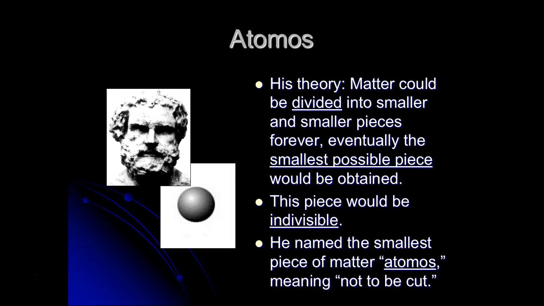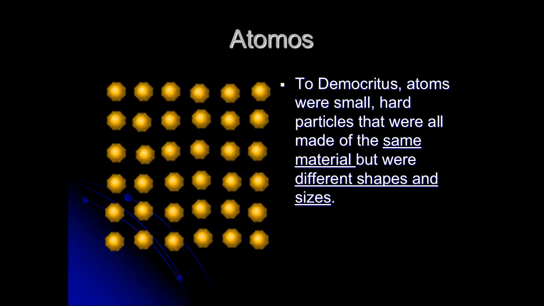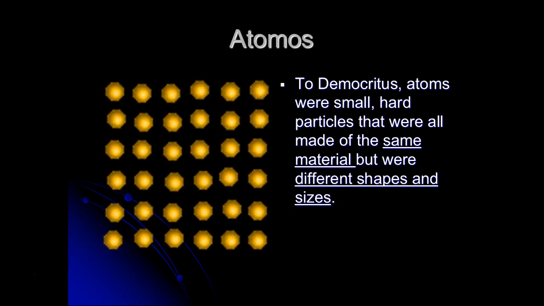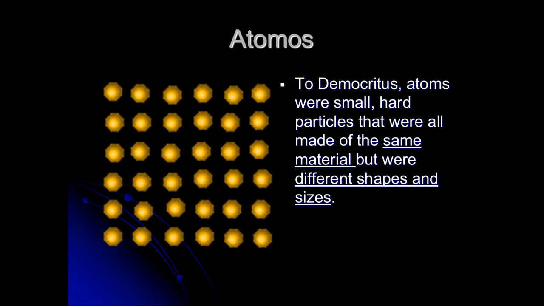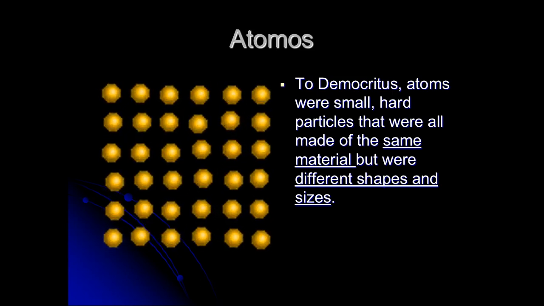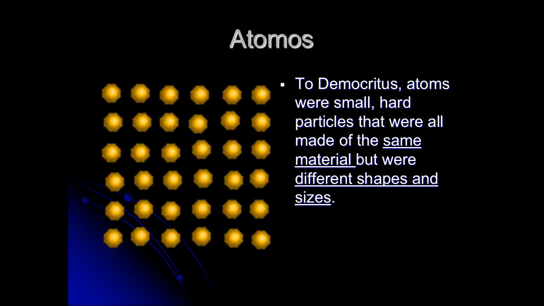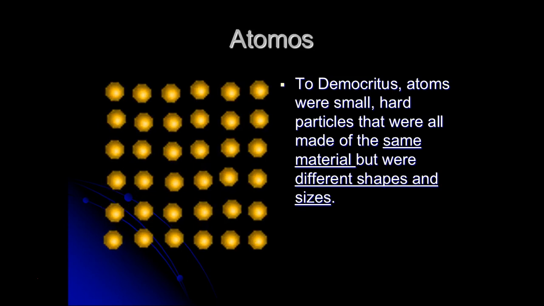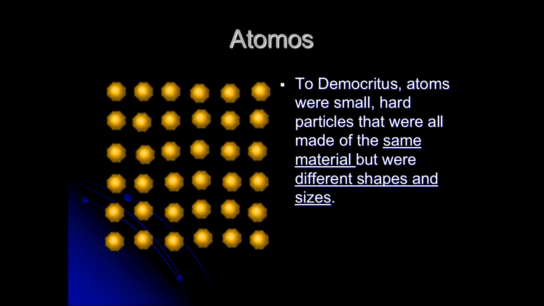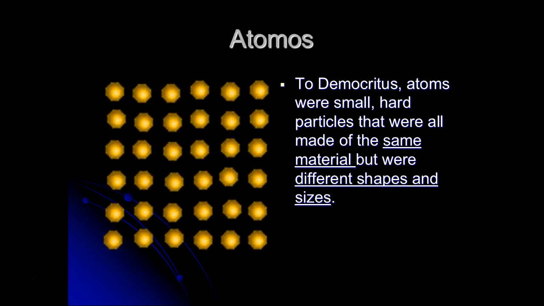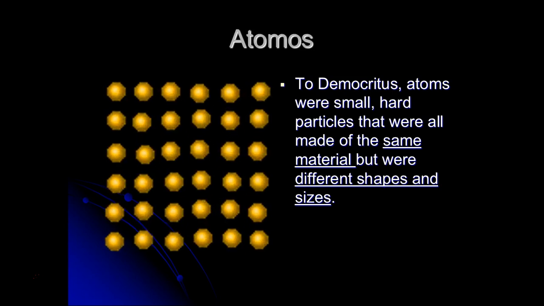He had this weird idea that atoms were the same material but had different shapes and sizes depending on what they were. For instance, an atom of air might be wispy, light and fluffy, whereas an atom of iron would be hook-like so everything would hold together, because iron is such a tough material and hard to split.